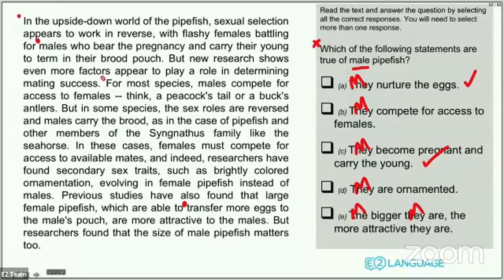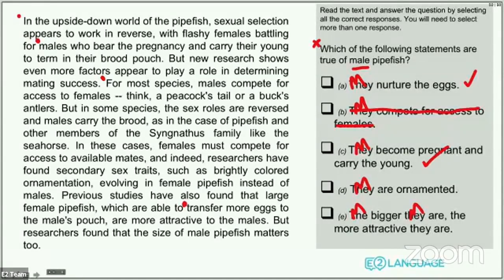Here it says for most species, males compete for access to females. Think a peacock's tail or a buck's antlers. But in some species, the sex roles are reversed and males carry the brood, as in the case of pipefish, blah, blah, blah, blah. In these cases, females must compete for access to available males. So let's get rid of B, because that's incorrect.